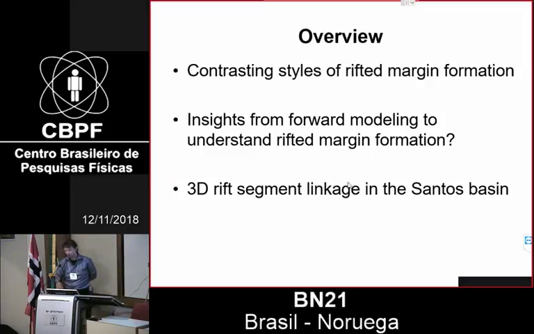So I'll show you briefly two highly contrasting interpretations of the same margin segment that illustrate how difficult it is to actually interpret these data, and they also illustrate the need for additional data, refraction data, as also Ricardo mentioned. I'll show you a few forward models that we used to study margin formation.